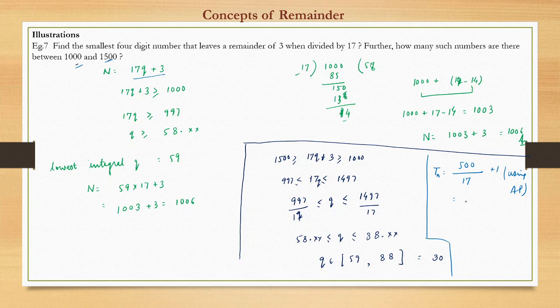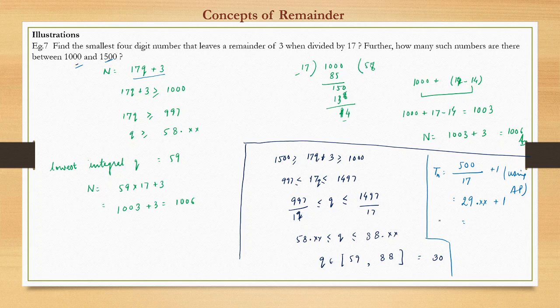So it will be nothing but 500 by 17, 17 times 29 is 493... so this becomes 29, right? So 29 decimal something, plus 1.